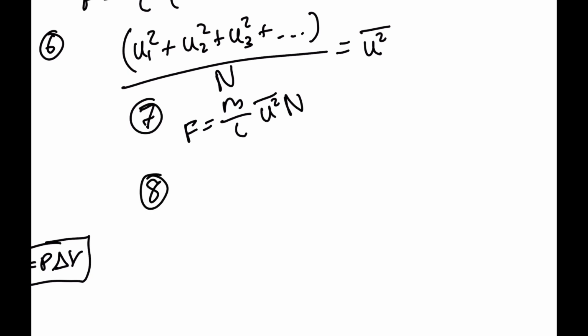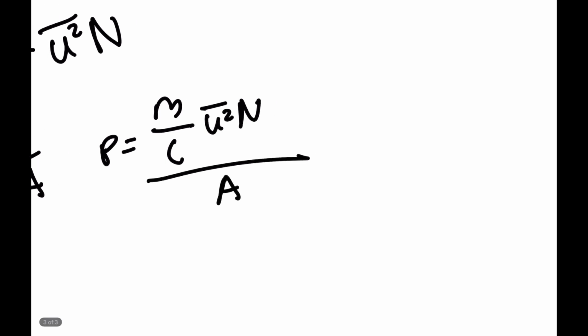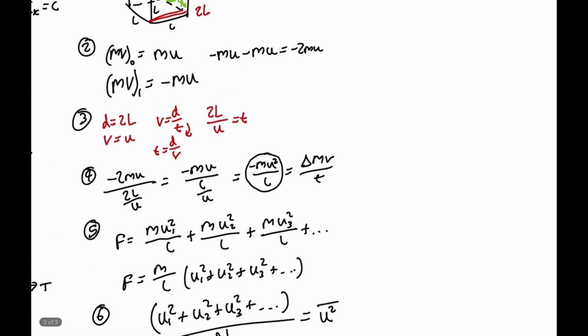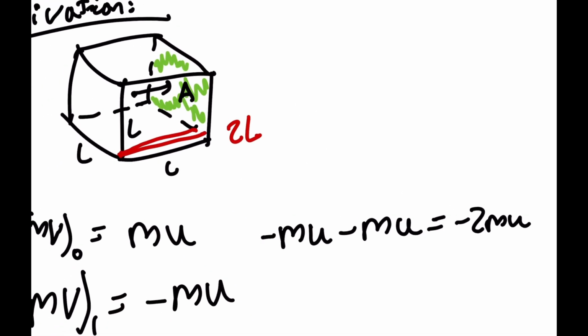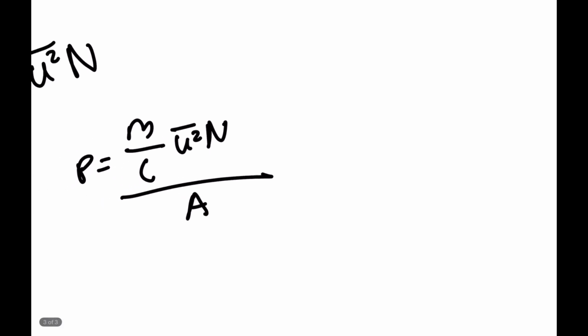Let's find the pressure using pressure is equal to force over area. So pressure must be equal to m over L u bar squared N all over area, which if we look at the box again, the area is just L times L, because this is L and this is L, because it's a cube box.